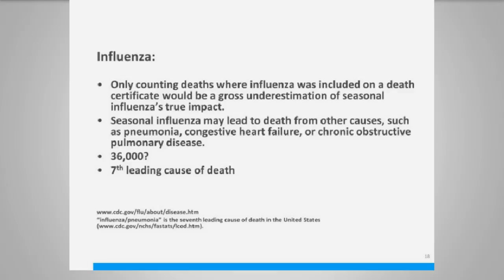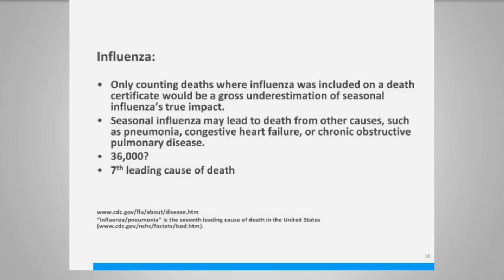Third, many seasonal flu-related deaths occur 1 or 2 weeks after the person's initial infection, either because the person may have developed a secondary bacterial infection, such as bacterial pneumonia, or because seasonal influenza can exacerbate an existing chronic illness, such as congestive heart failure or chronic pulmonary diseases, and they'll list those as a death.